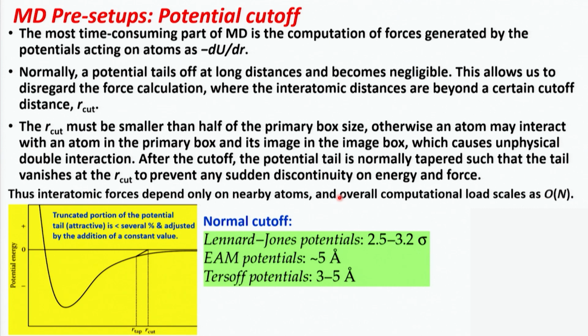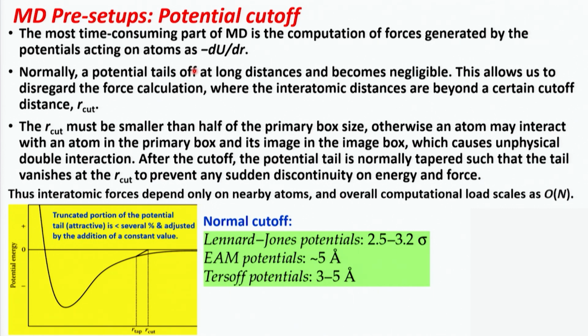Now, in order to calculate the force on a particular atom, how many neighboring atoms should we consider? Or how many force contributions coming from neighboring atoms do we need to consider? For that we go for the potential cutoff. The most time-consuming part in molecular dynamics is the computation of forces generated by the potential acting on the atoms, essentially the negative gradient of the potential.